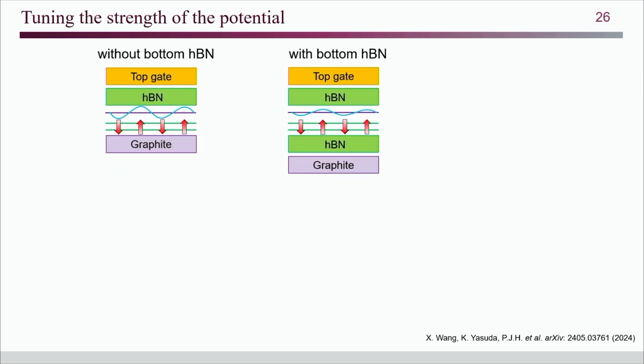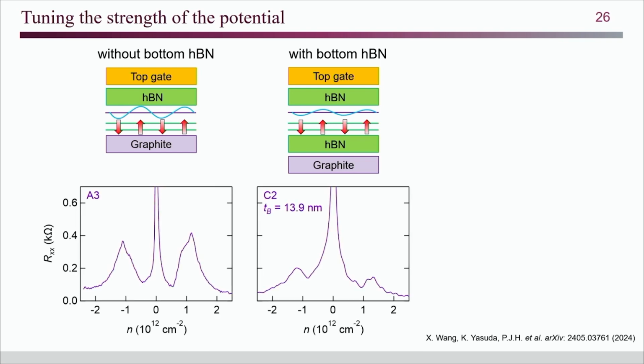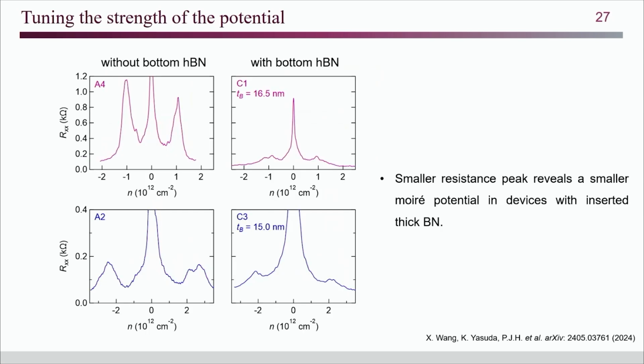To verify that, we fabricate devices both without and with the bottom BN. In this device with the bottom hBN, we still see these clear satellite resistance peaks, but the peak height is much smaller. That indicates that we have a small Moiré modulation. We have devices with different Moiré wavelengths, and the comparison is clear for all these devices.